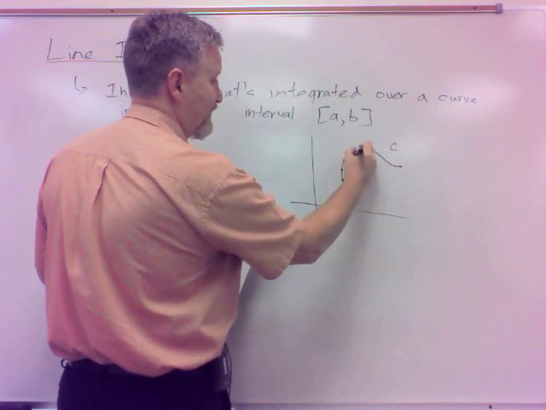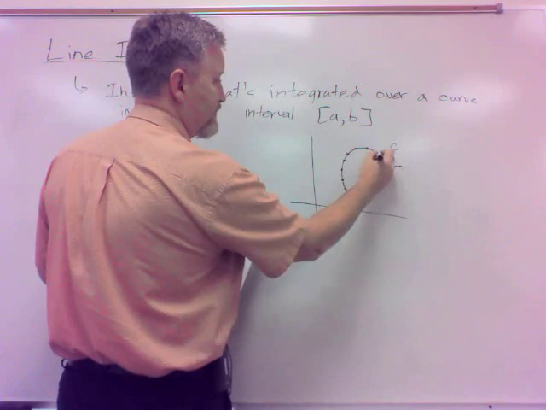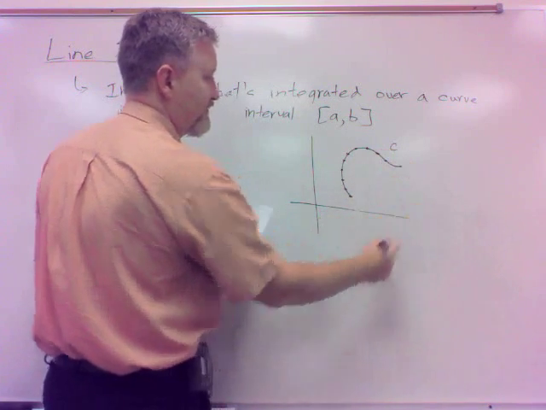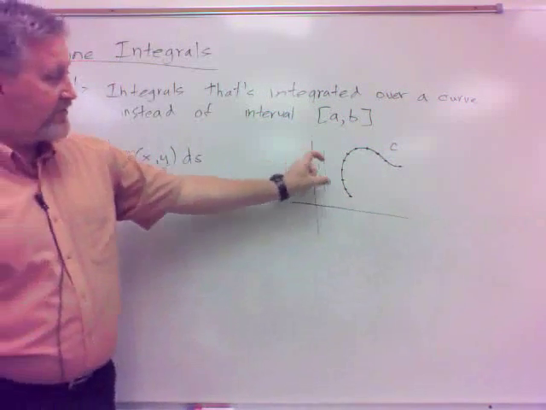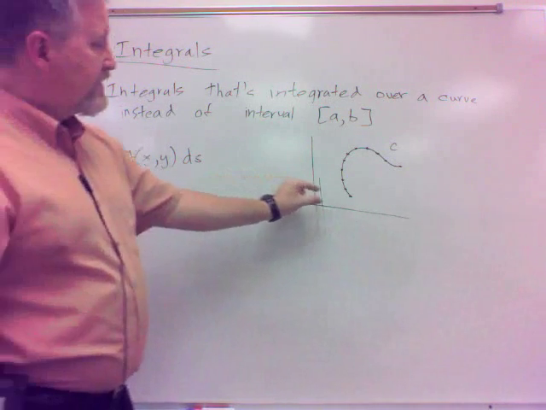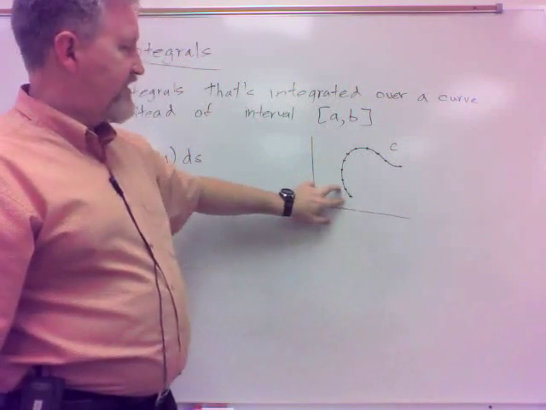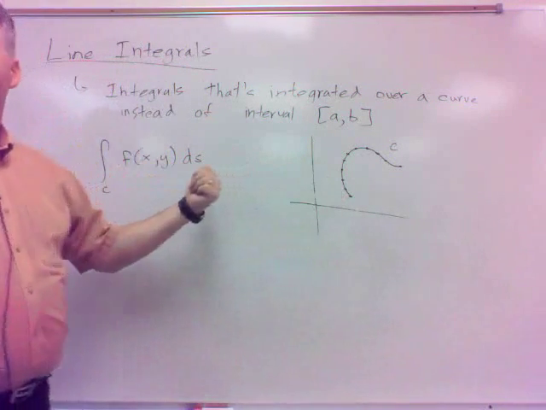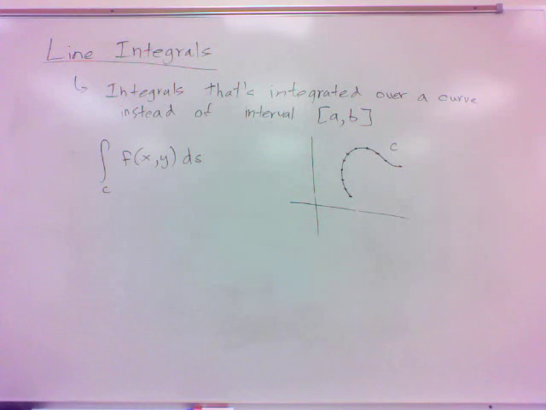So hence, arc length is going to play a major role in doing this. We're going to go incrementally along the arc length, and each one of these little pieces is basically delta s, and so hence we wind up with a ds instead of a dx or d something else.